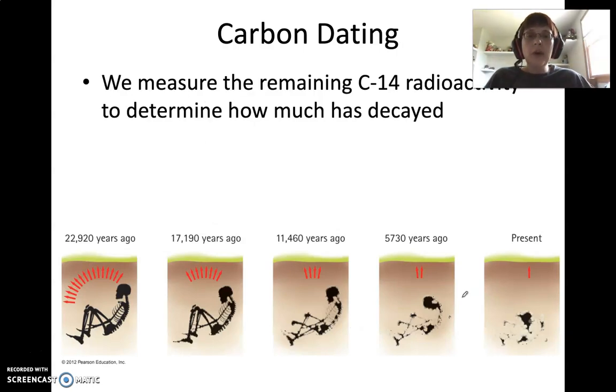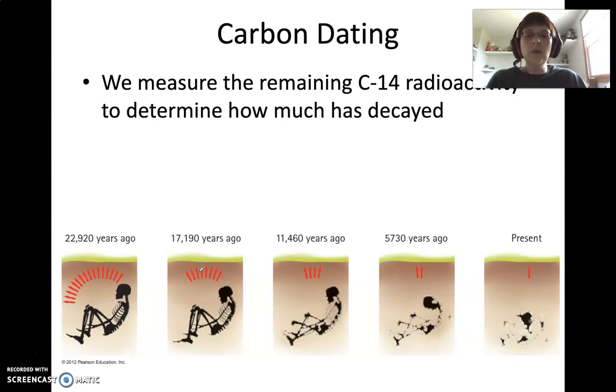So we measure it by the amount that has decayed. Here we have an individual who died with their carbon-14. They died 22,920 years ago. Then as we come forward in time, the little red arrows are the amount of carbon-14 left in their remains.